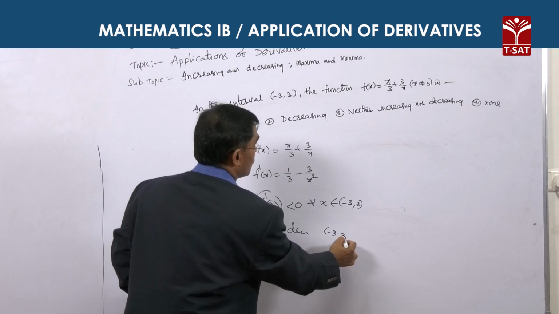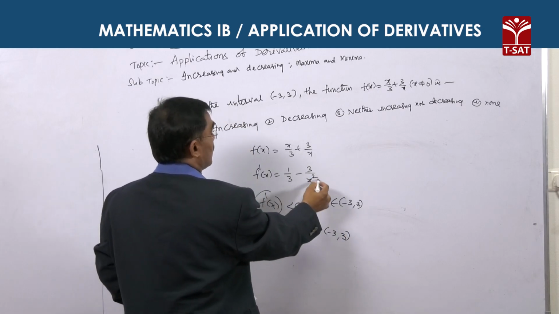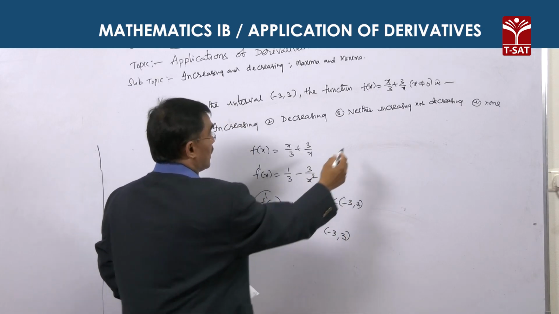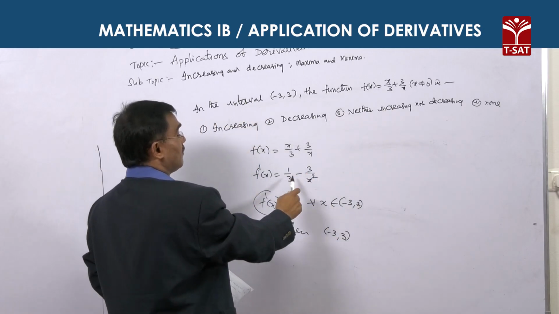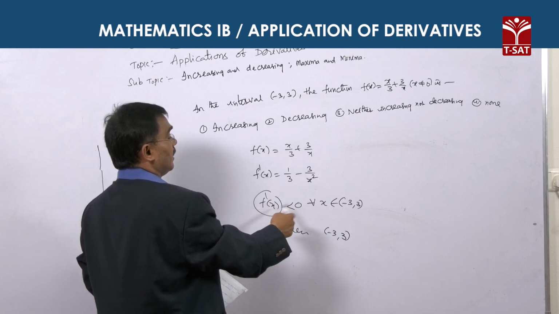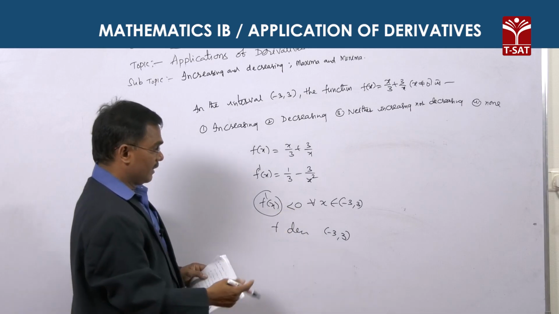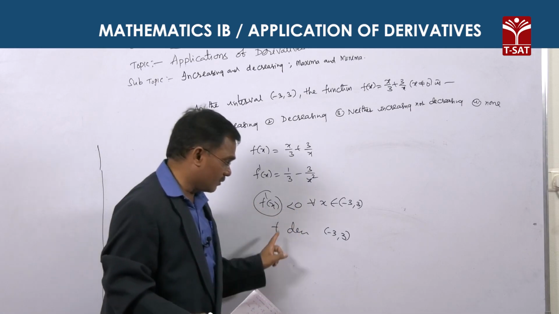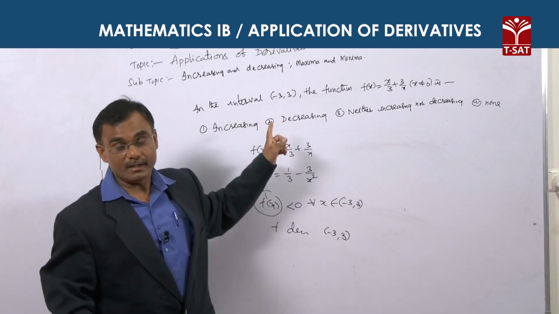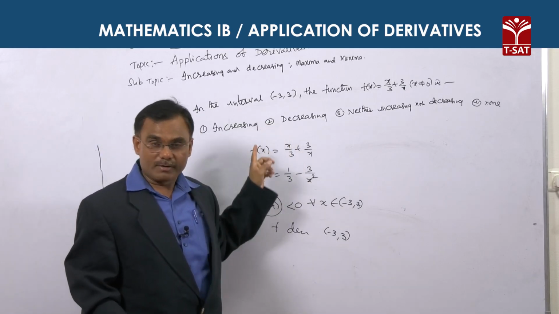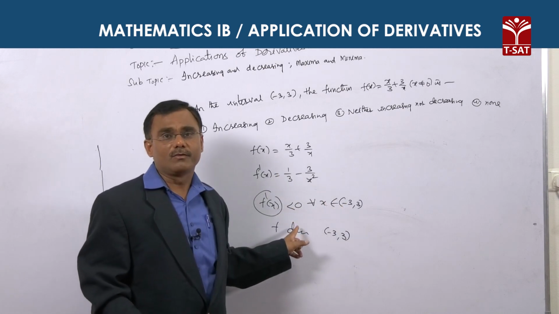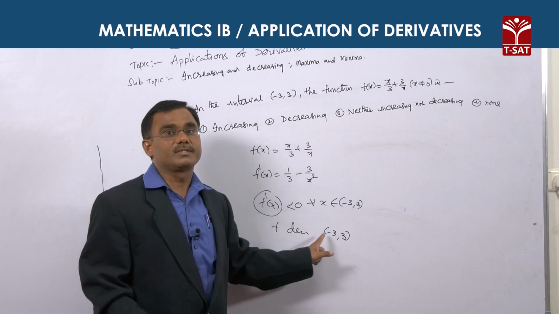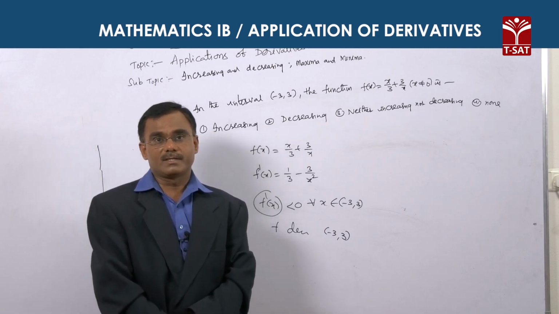In the interval (-3, 3), 3/x² is always more than 1/3 for any x other than 0, so f'(x) is always negative for all x in the open interval (-3, 3). Therefore f is a decreasing function in the interval (-3, 3).